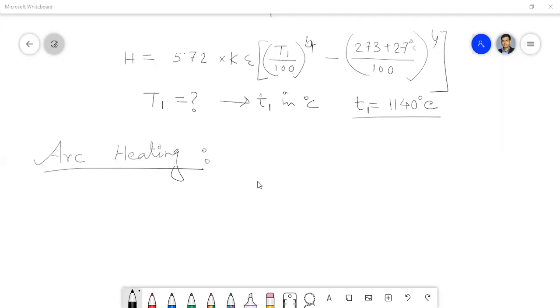The indirect resistance heatings are used in our household applications. Now, the arc heating will start. Its applications are also restricted to furnaces, as the arc is not a safe thing to handle. Now, before going into the arc heating, we should know what is an arc.